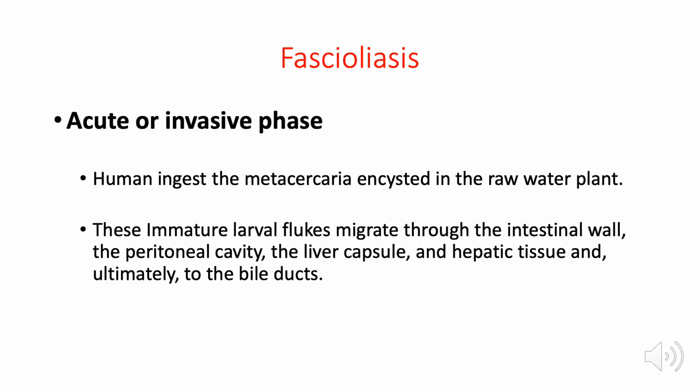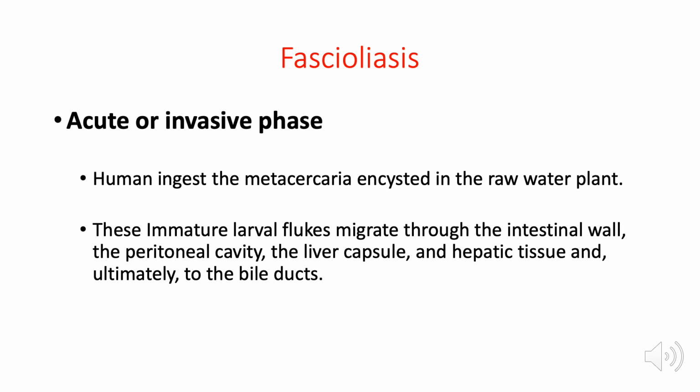The early stage of the infection is referred to as the acute or invasive phase because there is the invasion of tissues by the immature fluke or the metacercaria. The penetration of the metacercaria through the intestinal wall will not cause any significant problem.